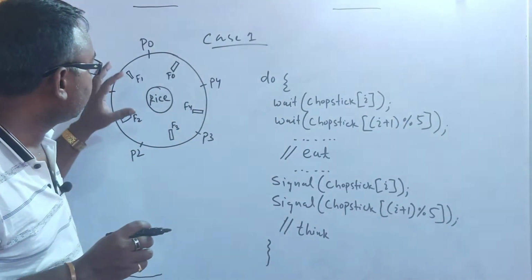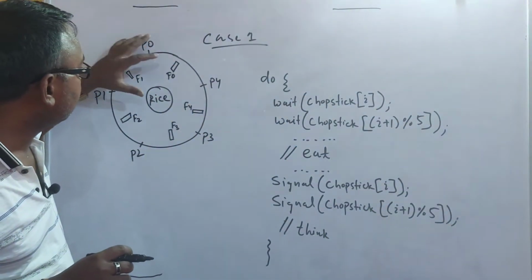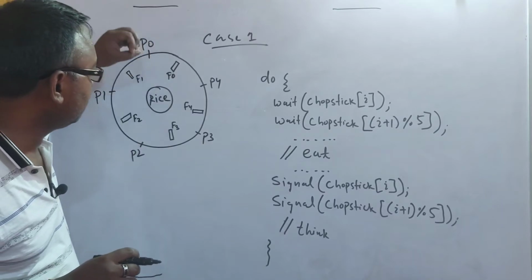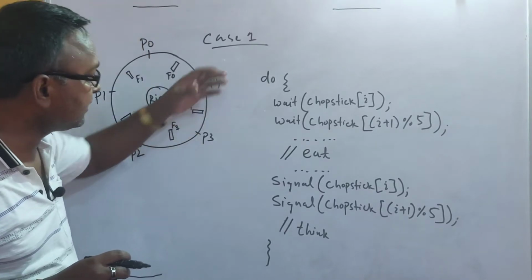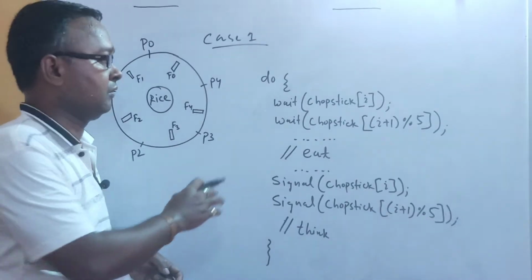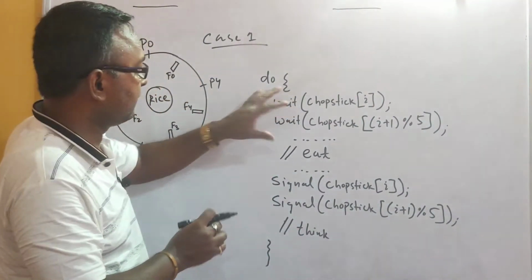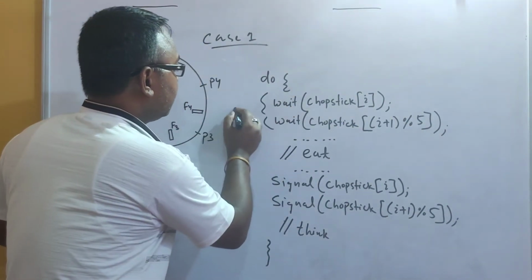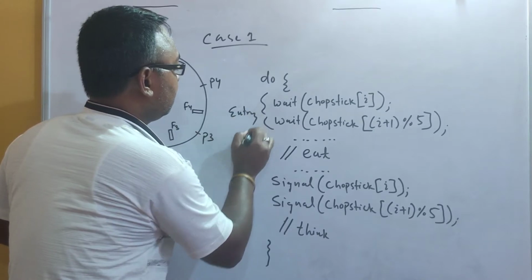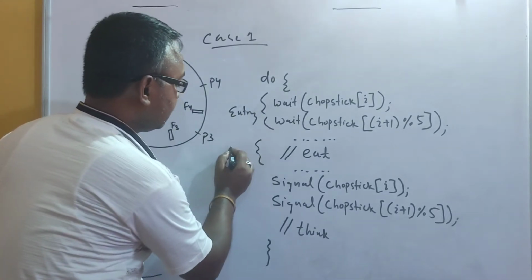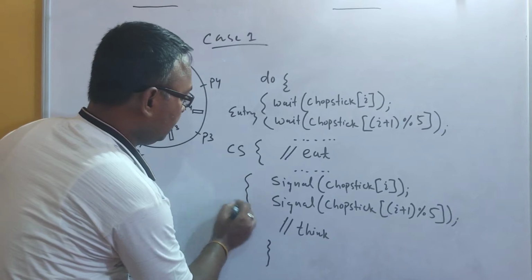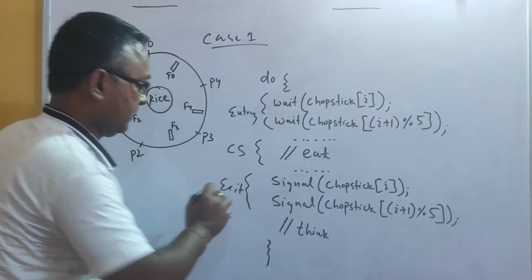So every philosopher that wants to eat the rice needs to access this particular code. So this is the entry section code, this is the critical section, and this is the exit section code, right?